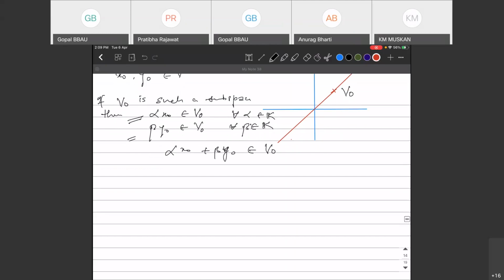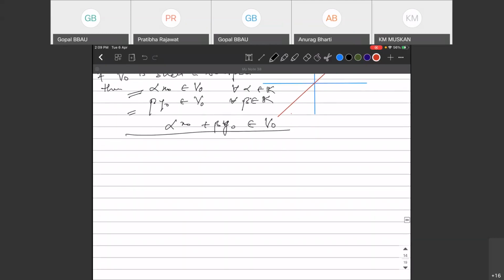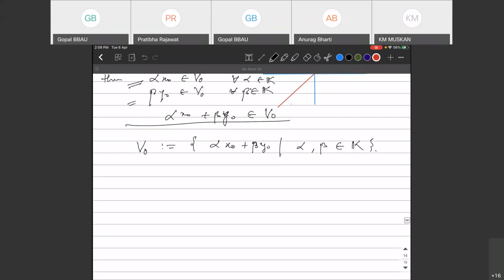So, taking a cue from this, let's define V naught as all alpha x naught plus beta y naught, such that alpha, beta both belong to K. And it is not very hard to see that V naught is a vector subspace.